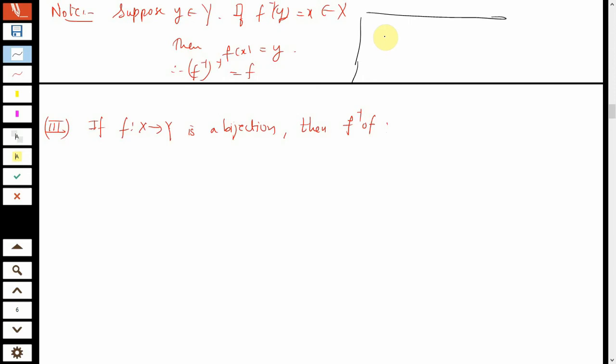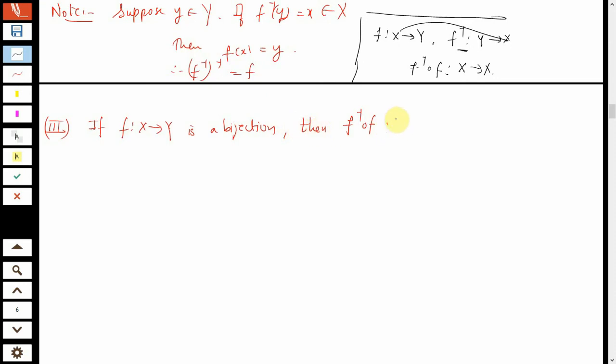So f is a function from X to Y, and f inverse is a function from Y to X. So f inverse composite f would be a function from X to X, and in fact we say that this function is an identity function if f from X to Y is a bijection.